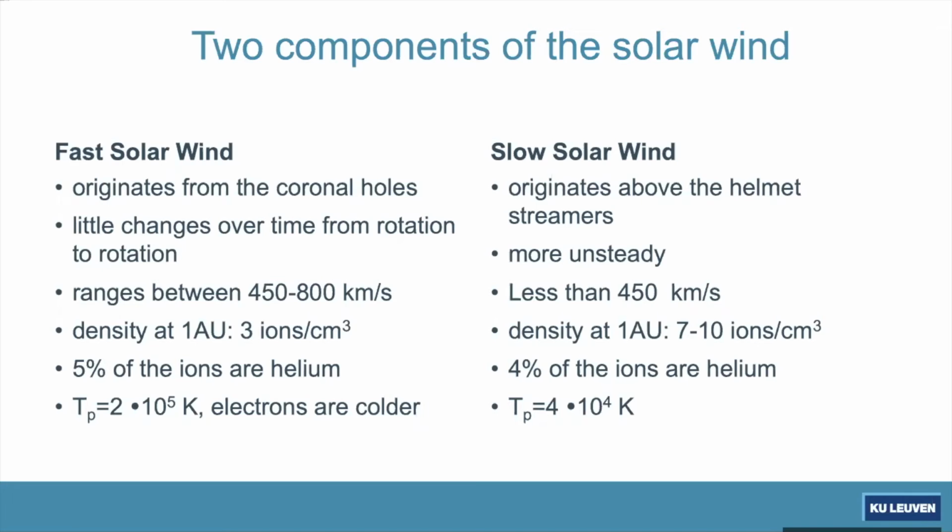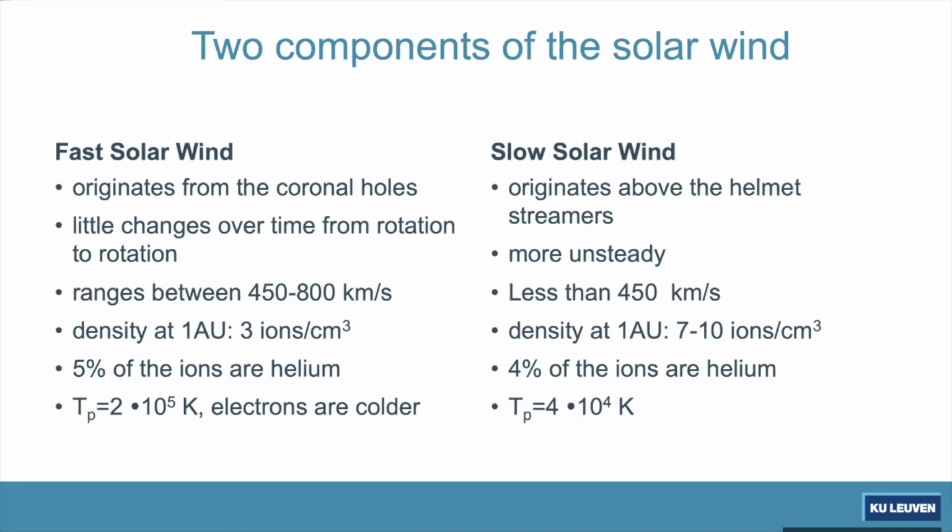The slow solar wind is less than 450 kilometers per second, while when it's above 450, it's called fast solar wind. When it reaches us at 1 AU, 1 astronomical unit, the slow solar wind is denser, 7 to 10 ions per cubic centimeter, while the fast solar wind is lower density. An interesting thing, still not understood, is that the fast solar wind has a higher composition of helium, while the slow solar wind is more hydrogen.